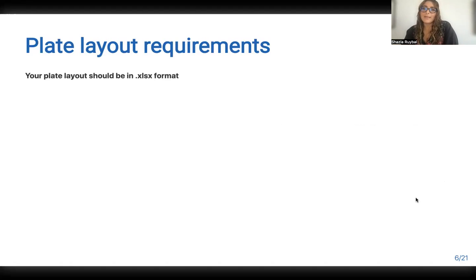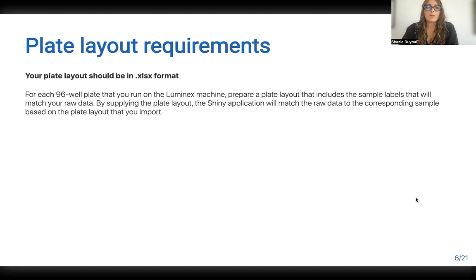Now for the plate layout requirements, similar to the raw data, your plate layout should be in Excel format. For each 96-well plate that you run on the Luminex machine, you will prepare a plate layout that is specific to the Shiny app. This will include the sample labels that will match your raw data. So this is what the Shiny application will use.